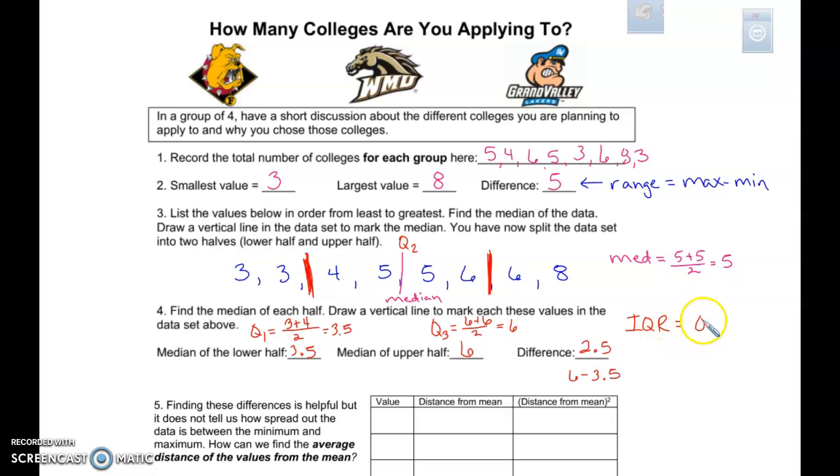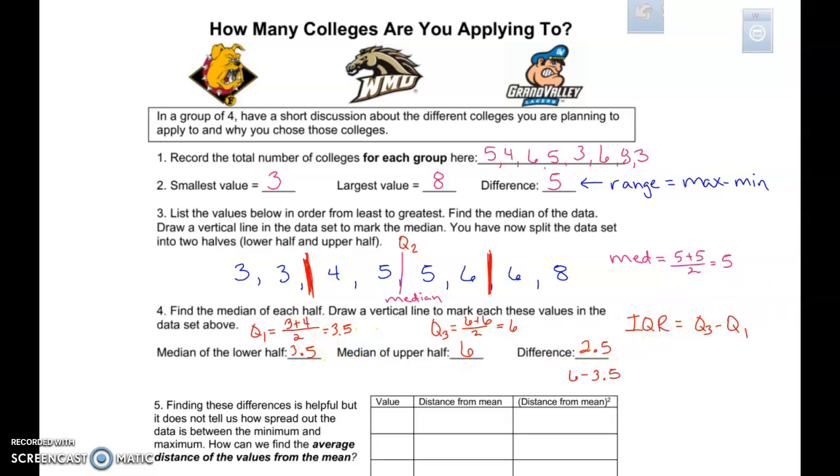The formula for it is Q3 minus Q1. But to be able to find Q3 and Q1, you have to find Q2 and then use that data appropriately. So IQR, interquartile range: Q3 minus Q1.